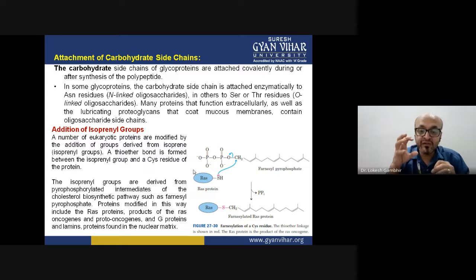An additional isoprenyl group called the farnesyl group is attached to these particular proteins by linkage. See this particular thiol moiety, the cysteine residue contains the thiol group. This cysteine residue forms a thioether bond to give rise to a farnesylated RAS protein.